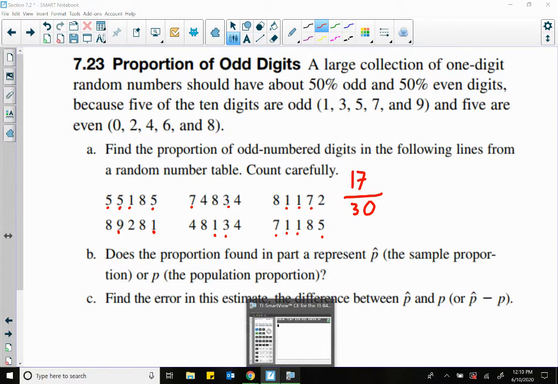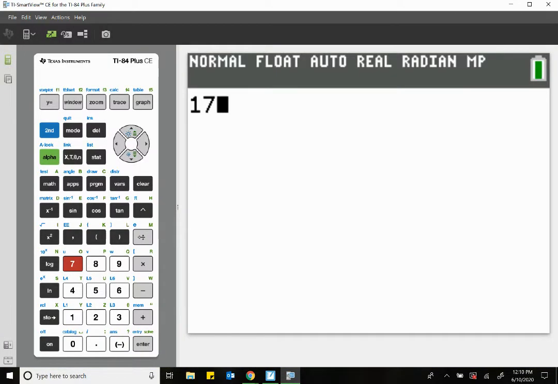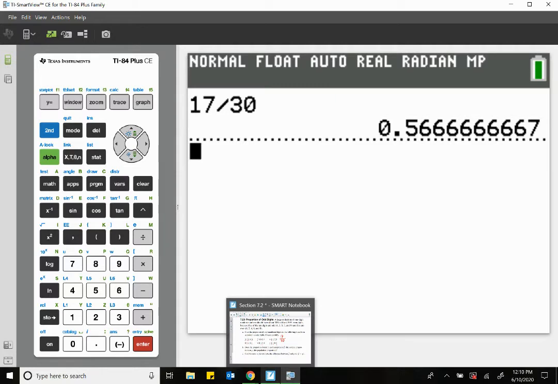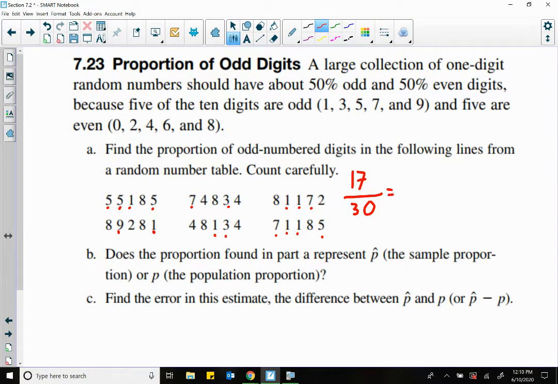So if you go to your calculator and you take 17 divided by 30, we get 0.5666 repeating. So make sure that you also pay attention on these because this does want this as a decimal, so 0.56 repeating. So make sure that you round accordingly. Sometimes it says 2 decimals, sometimes it says 3, sometimes it says 4. Okay? And now I want you to answer the rest of the questions. And go.